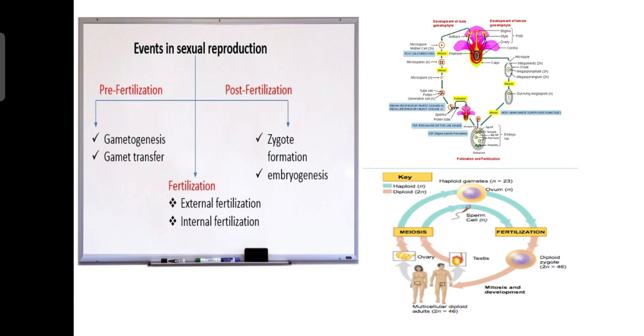The pre-fertilization events involve 2 sub-events, referred to as gametogenesis and gamete transfer. In fertilization, there are 2 types: external fertilization and internal fertilization. The post-fertilization involves two events: zygote formation and embryogenesis. Embryogenesis means formation of the embryo from the zygote.